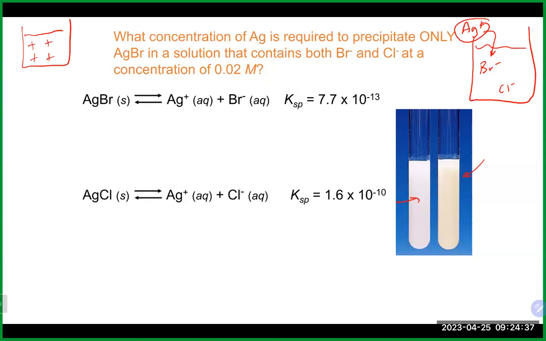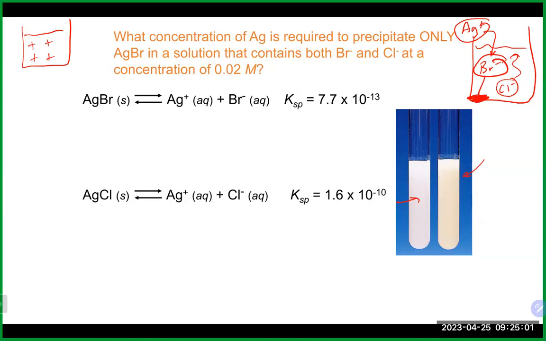So in this particular problem, we want to add silver to only take out silver bromide as a solid, but still leave my chloride floating around in the solution, basically as an ion. To do that, we want to look at the two KSP reactions that will occur.